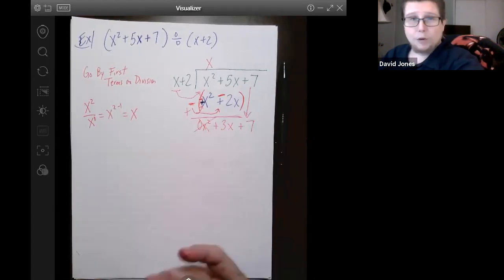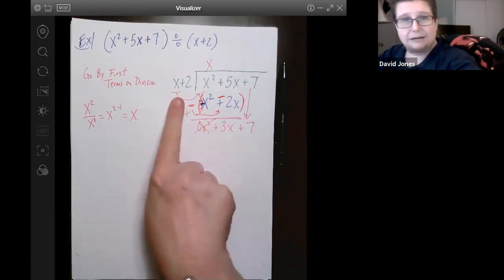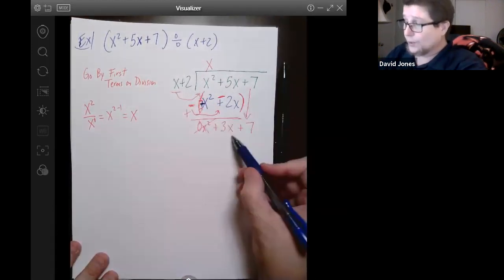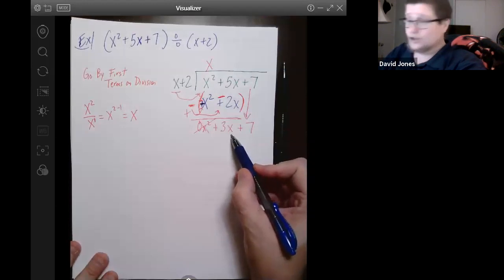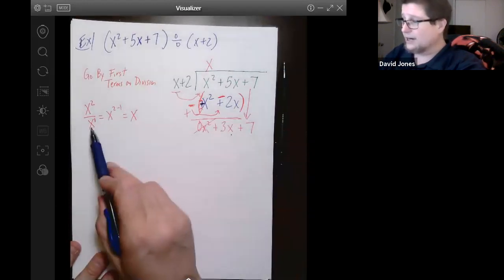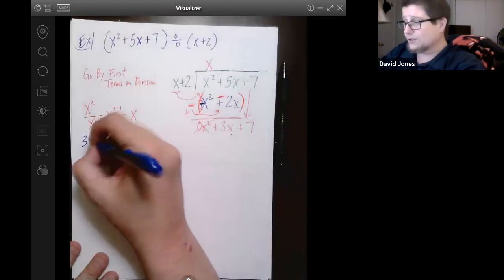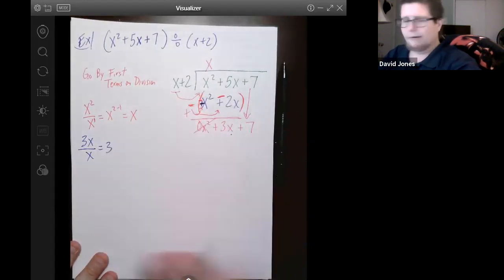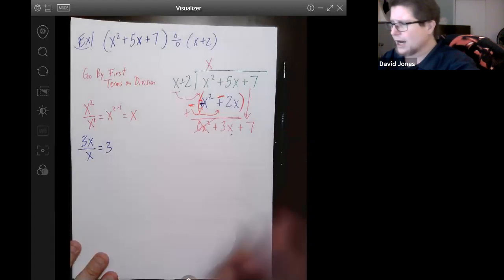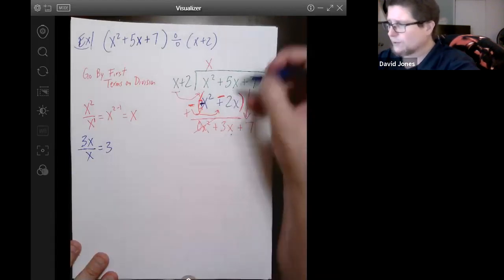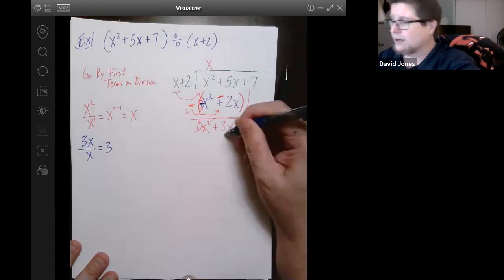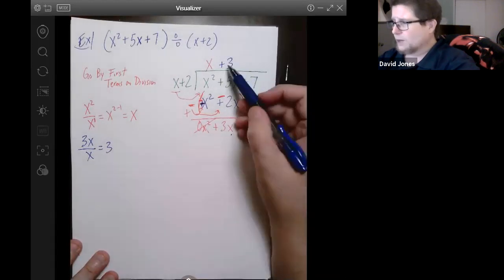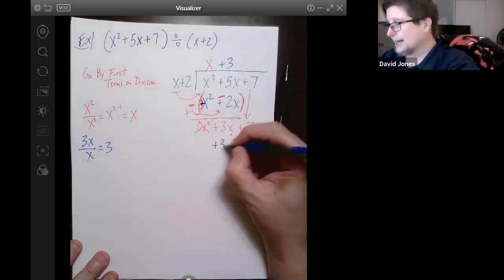What did we do at this point? We repeated. How many times does the thing on the outside divide on the inside? So how many times does x go into 3x? I've got 3x over x. Well, the x's just cancel. I get 3. That goes on top, positive 3. We distribute here, plus 3 times x is plus 3x.